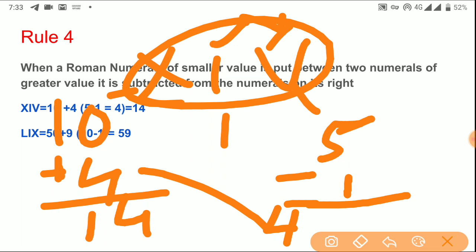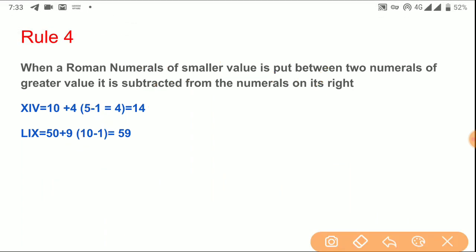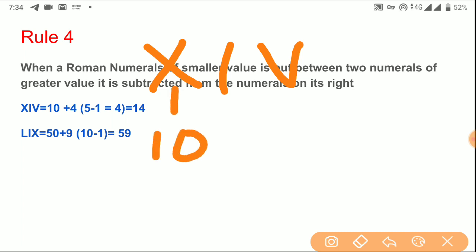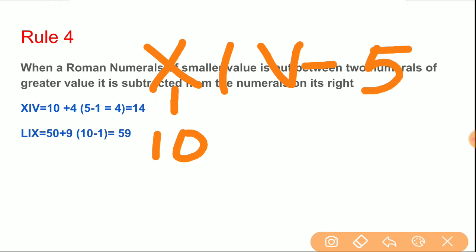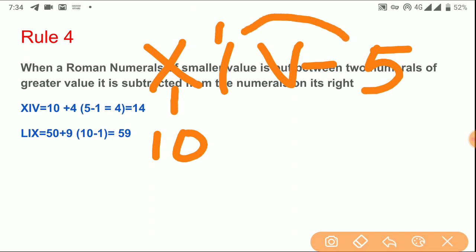14. Let me explain one more time. X, I, V. Value of X is 10. Value of V is 5. Value of I is 1. So, if the smaller value is put between two numerals of greater value, then the middle value will be subtracted from the numeral on its right.